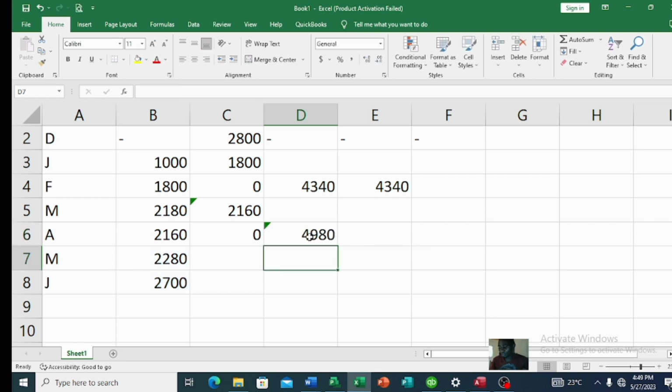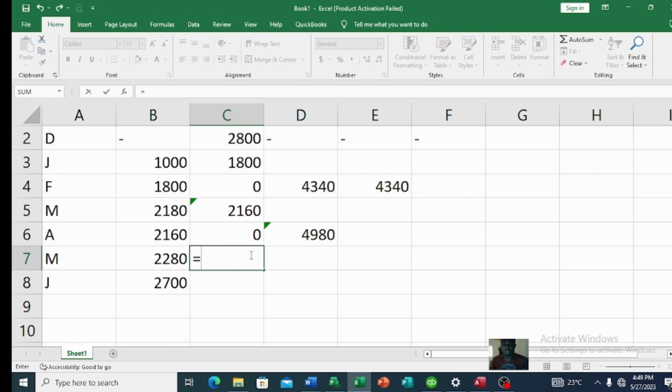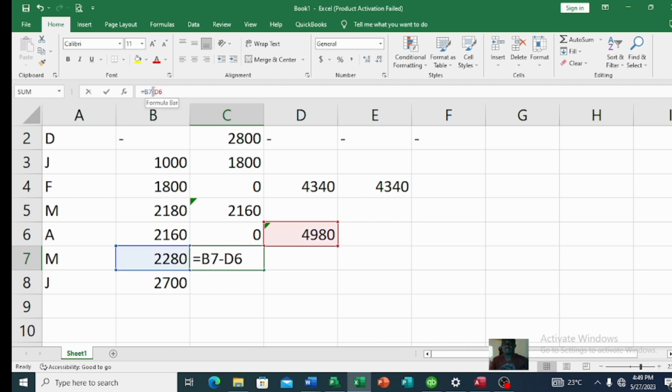You sum and get 4,980. Now you remove your consumption, which is this less this. Sorry, what have I done? It's rather D6 less this.